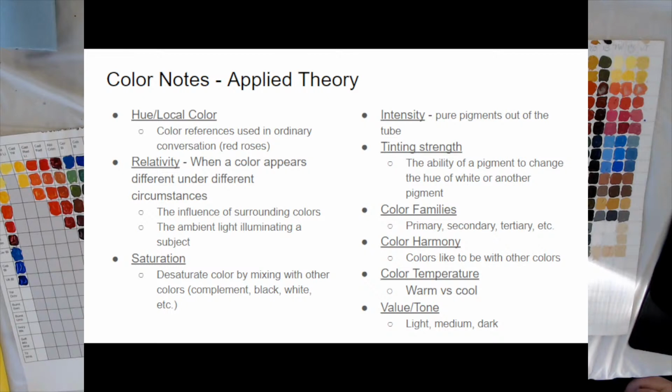Like PBK 9 for ivory black. There are also different blacks, and there could be different blacks that have different pigment numbers, because not all blacks are the same, not all reds are the same.